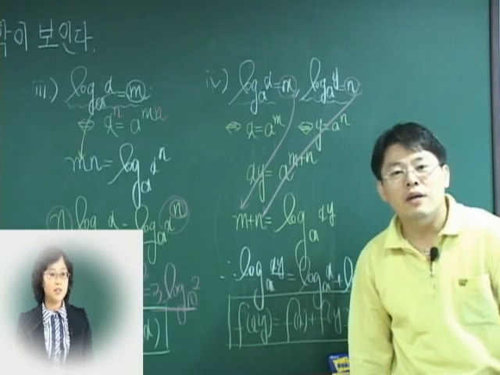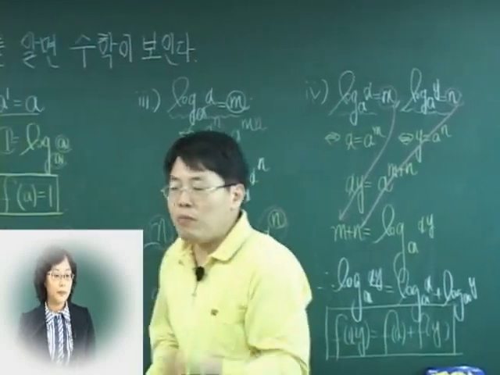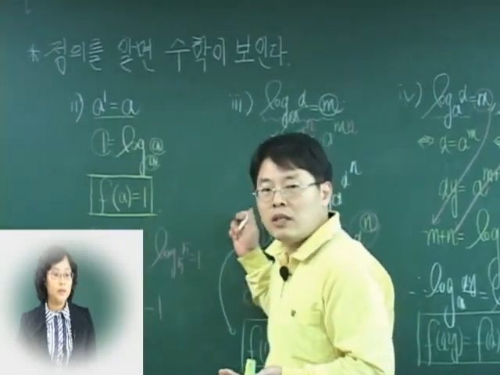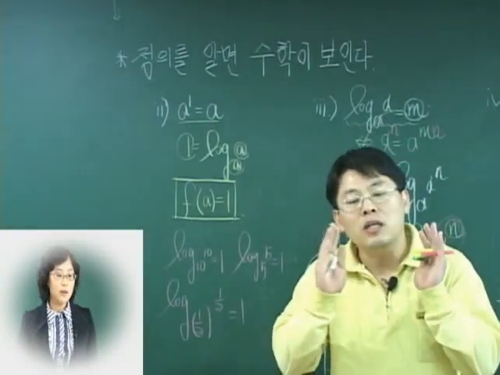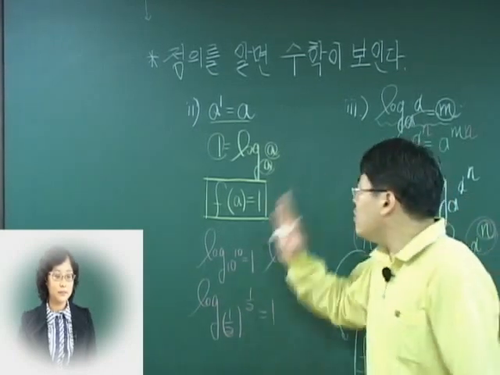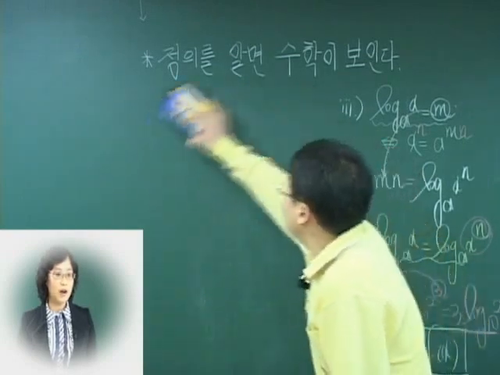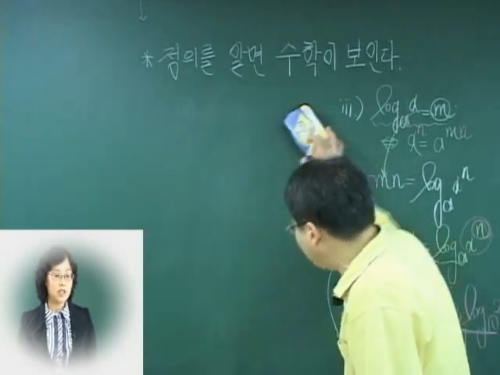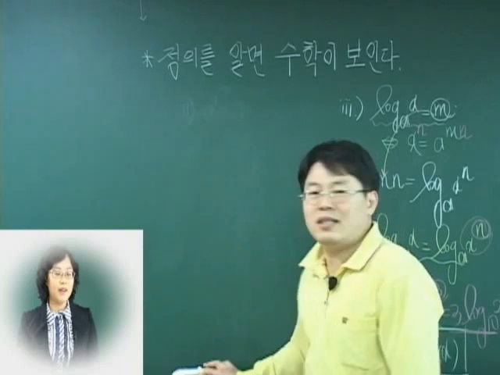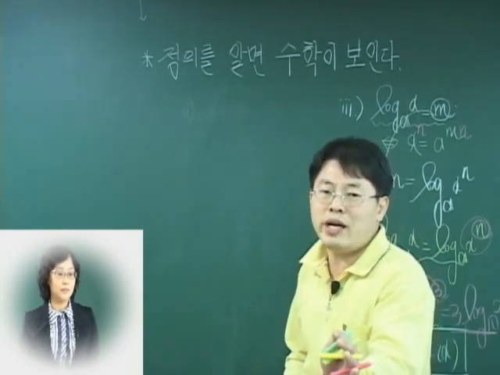If you don't study horizontally but study vertically, there are too many formulas, and you get so complicated. Not only you students, but also teachers don't teach math very simply, so you just get very complicated.